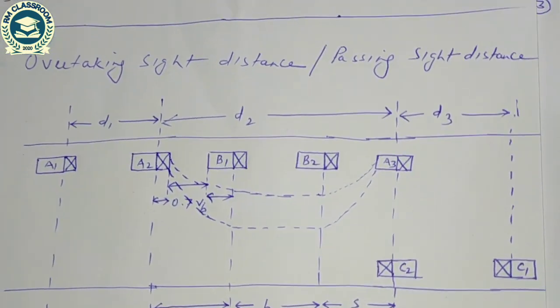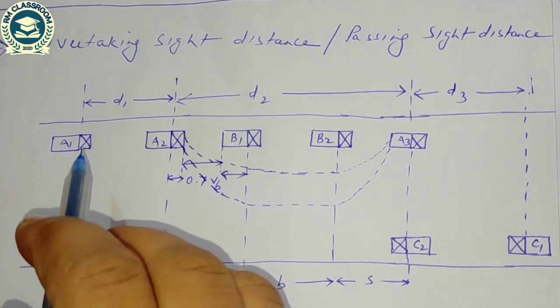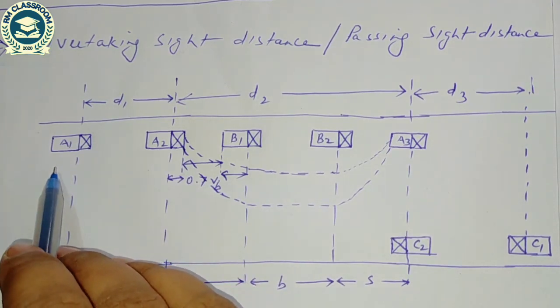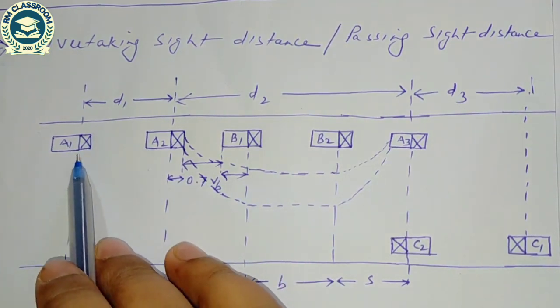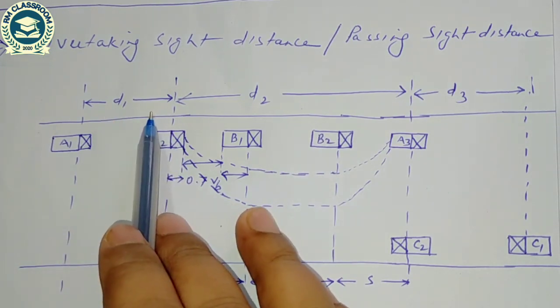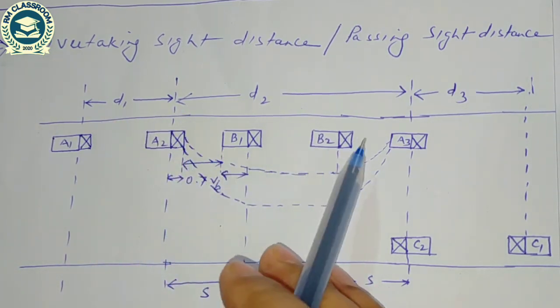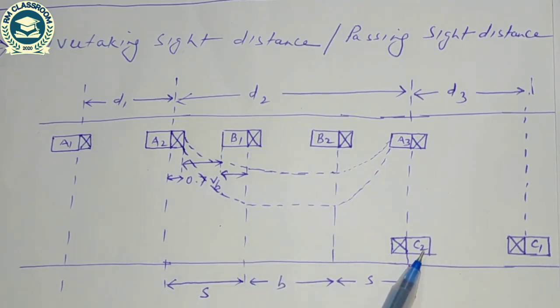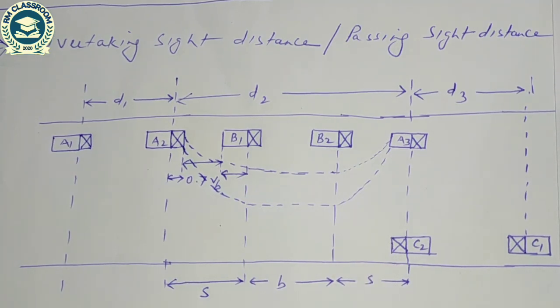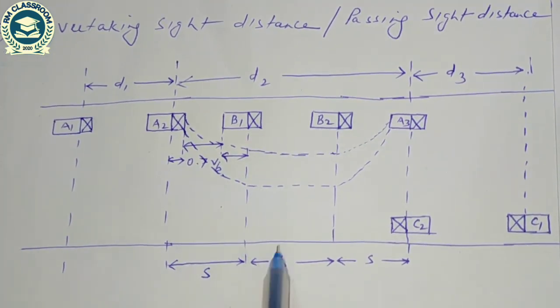Let us assume this is our vehicle A1, and it has reached A2 at a distance of D1, and B1 B2 is the vehicle, and in the opposite direction vehicle C1, and now after a certain distance it is at C2. This is the representation of two lane two way undivided.